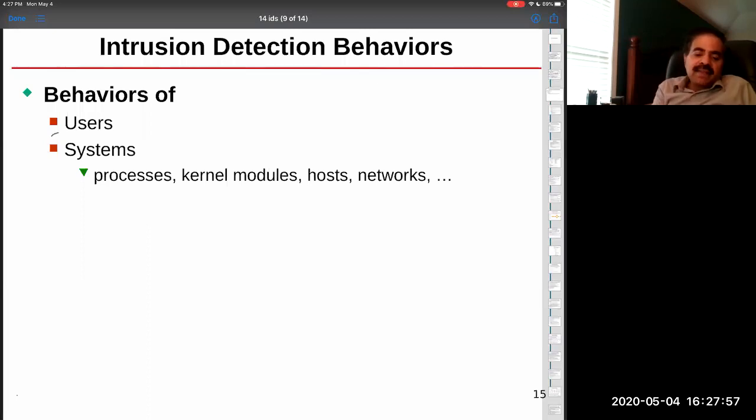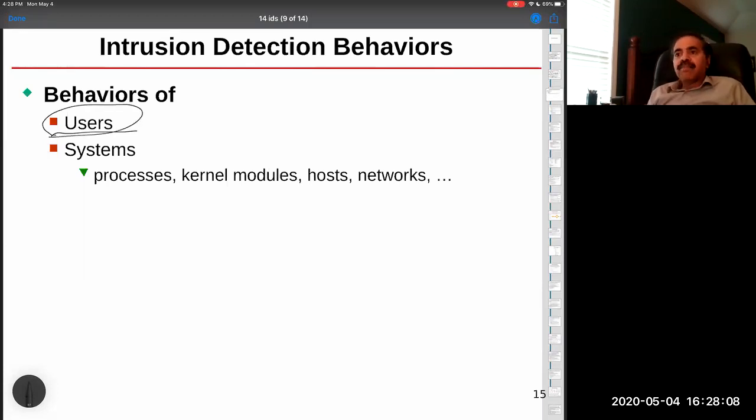In the very early days, by which I would say 30 years ago, the focus was almost entirely on user behaviors, because in those days, systems were generally mainframe type systems, large servers that are used by multiple users, and there isn't a whole lot of networking going on.